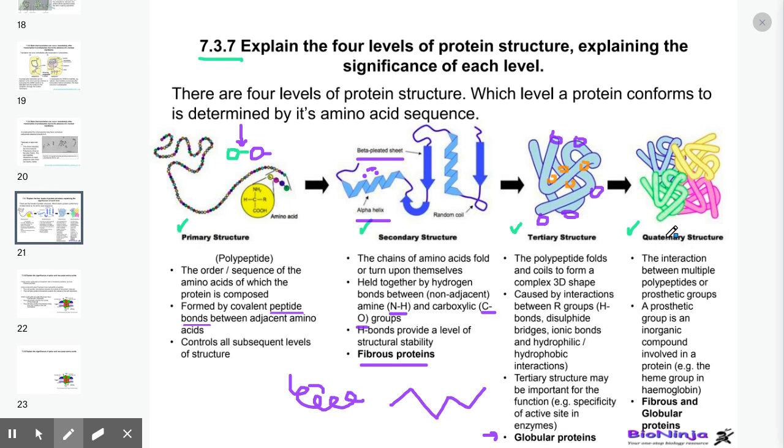The third one is that you see ionic bonds between acids and bases. Opposite charges attract. So maybe here we have a positive amino acid, and down here we have a negative amino acid, and their opposite charges form these ionic bonds. And lastly, there's this weird one called the disulfide bridges.